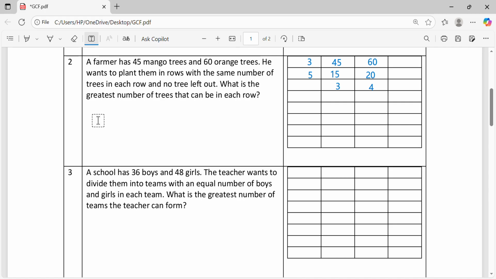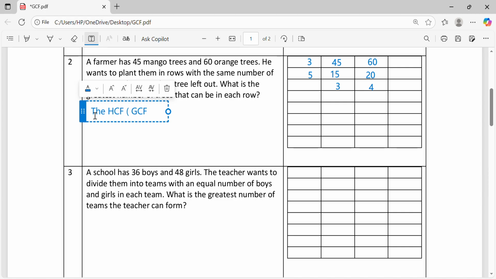Then you say that the highest common factor or greatest common factor of 45 and 60 is equal to 3 times 5. That results to 15.